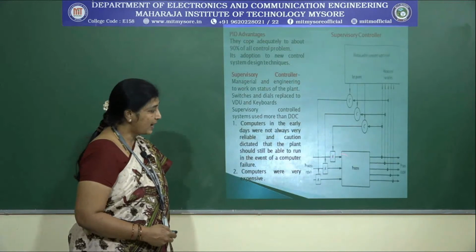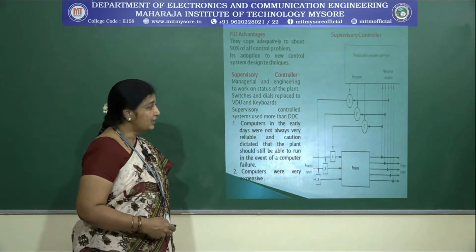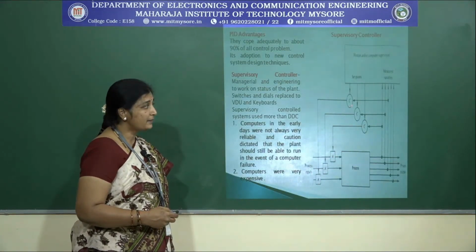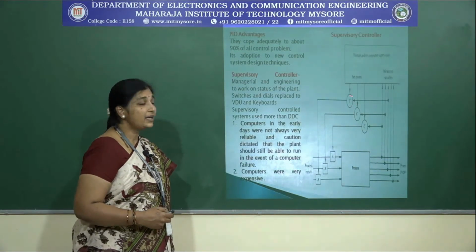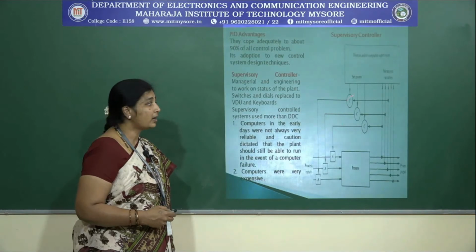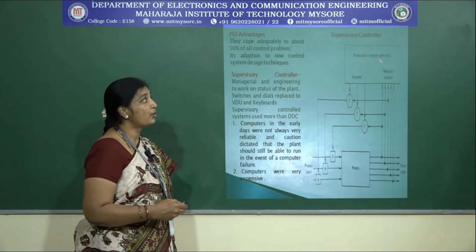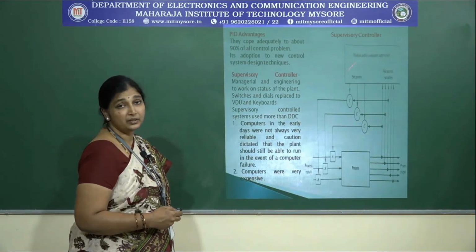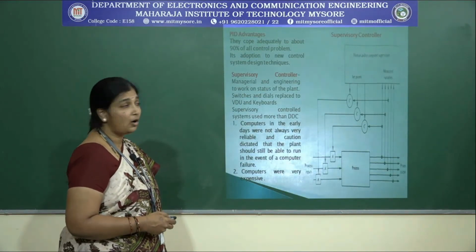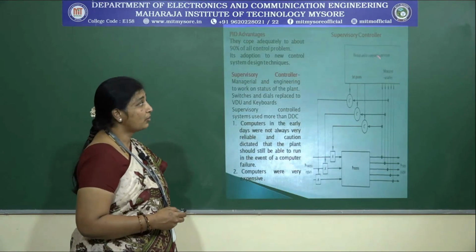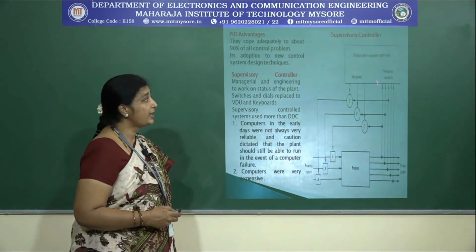If I take this as valve 1, valve 2 and valve 3, they are all controlled by C1, C2 and C3, and this can be a computer by itself or a control line which will be monitored by either a human or by computer operations. So it can be auto or it could be manual.